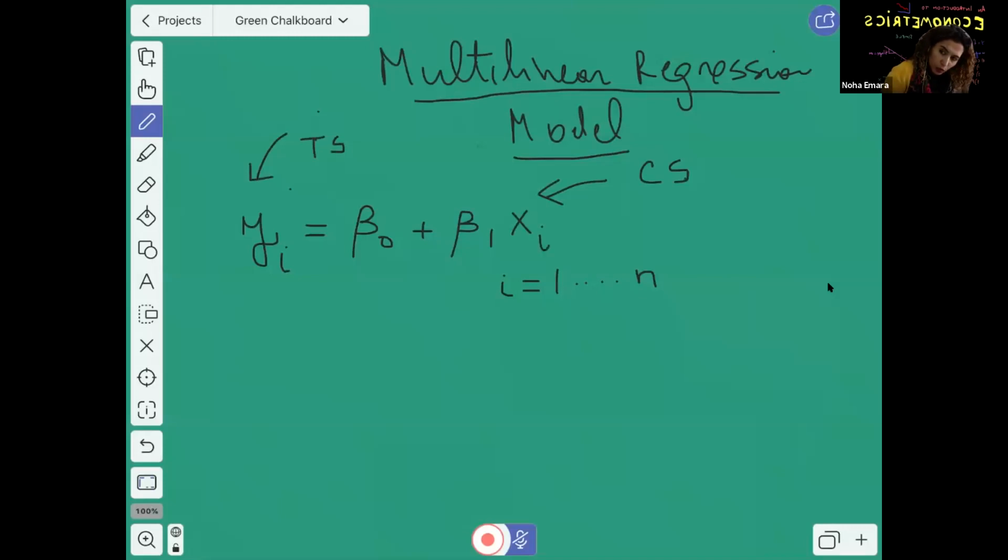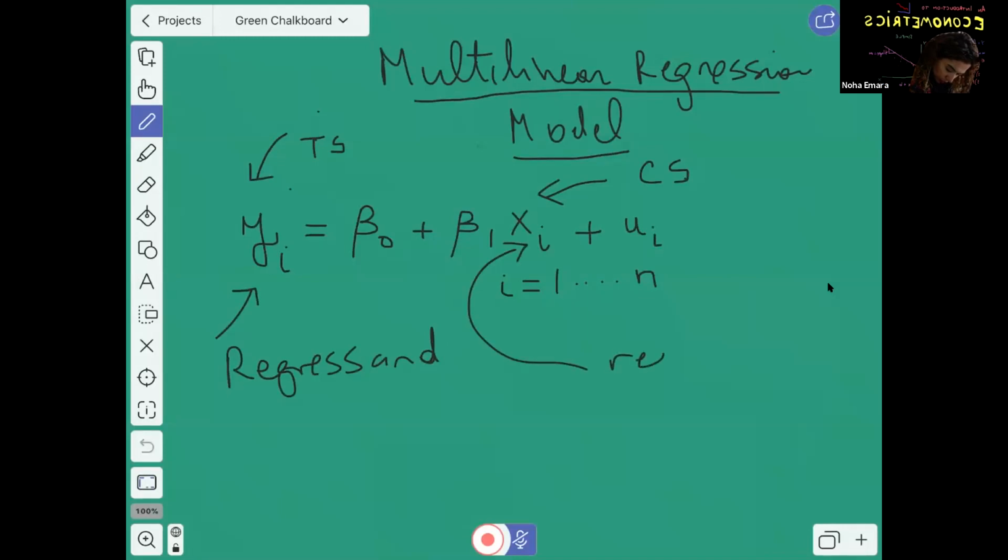Okay, and I also need something that can capture all possible mistakes, and we call it ui, the error term. So y is called the dependent variable, and I know that you know this from your math course, and x is called the regressor.